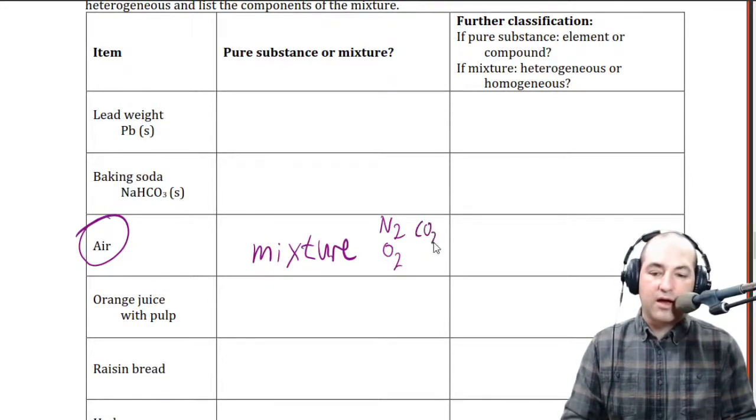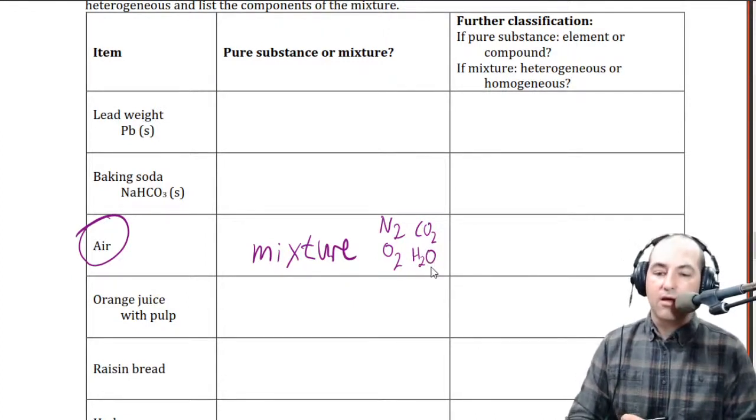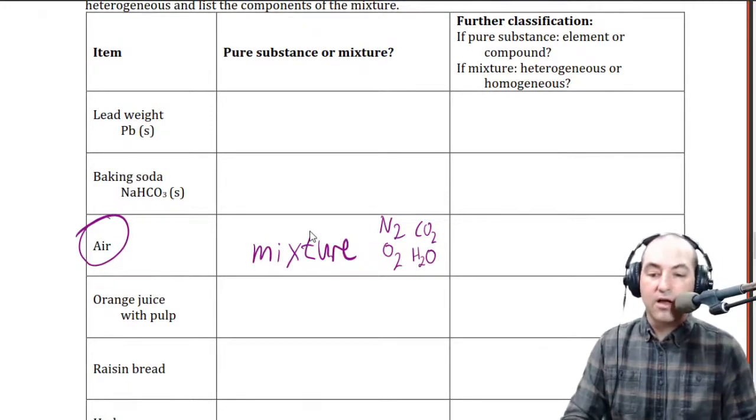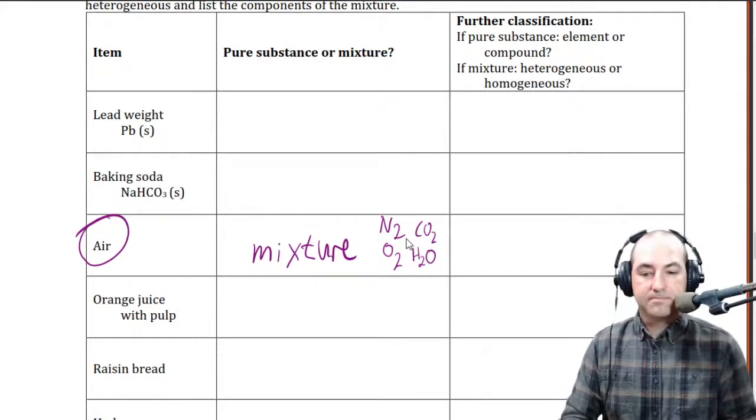There is carbon dioxide there. And there is water vapor in the air. Those are the main components of air. There are also some smaller, less populous components. But it is a mixture because it has all these individual pure substances mixed together. And that's what makes air. Air doesn't have a single chemical formula.